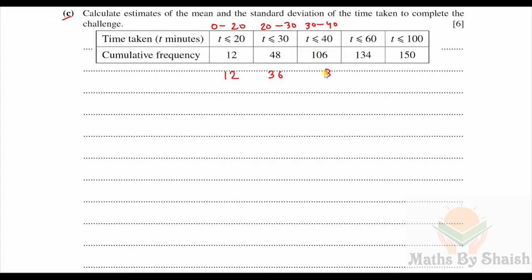And from here, for this interval 40 to 60, 134 minus 106, so 28, and the last one is going to be from 60 to 100.